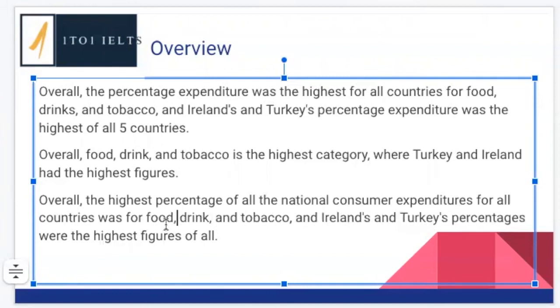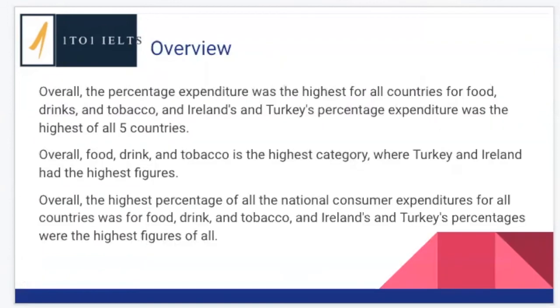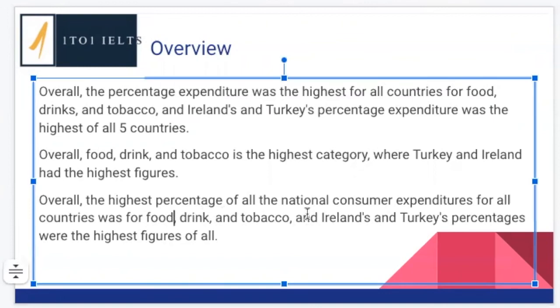Again, the reason they've done it is that would be the most natural way to write it in a chart. But when you're actually writing for yourself, you need to write in a grammatically correct way. So we do not write lists with backslashes, we write lists with commas. So we need to make sure that we're writing in a grammatically correct way. So this would be the correct way to express that.